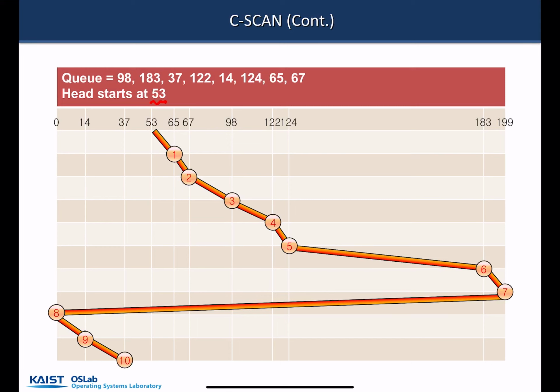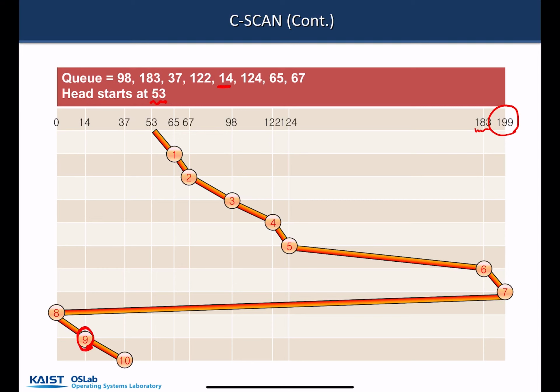Here, there are some points of improvement. First, after servicing 183, it doesn't actually have to go to the outermost end of the track. Another issue is that there is a request at track 14.